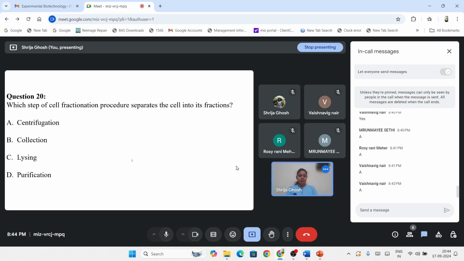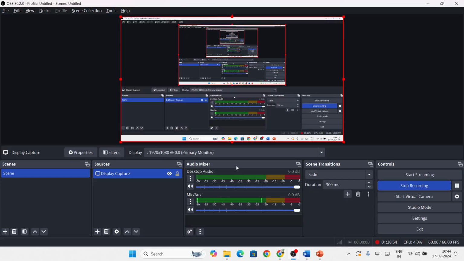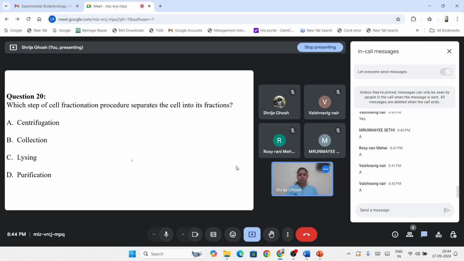Others can also answer. Which step of cell fractionation procedure separates the cells into fractions? Yeah, so all of you seem to agree with option A, centrifugation.